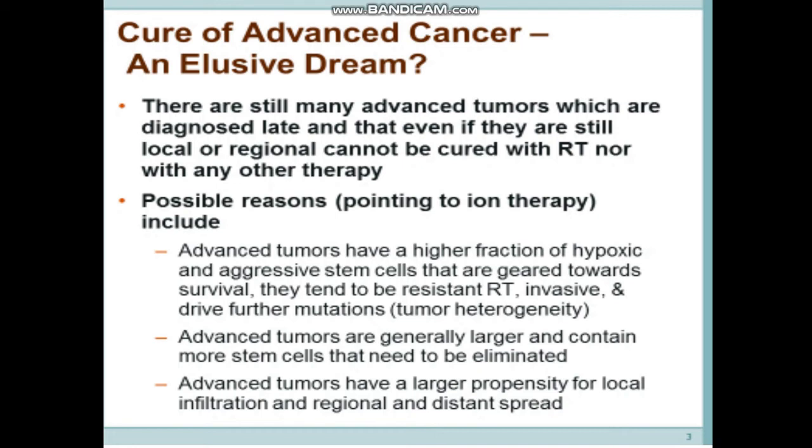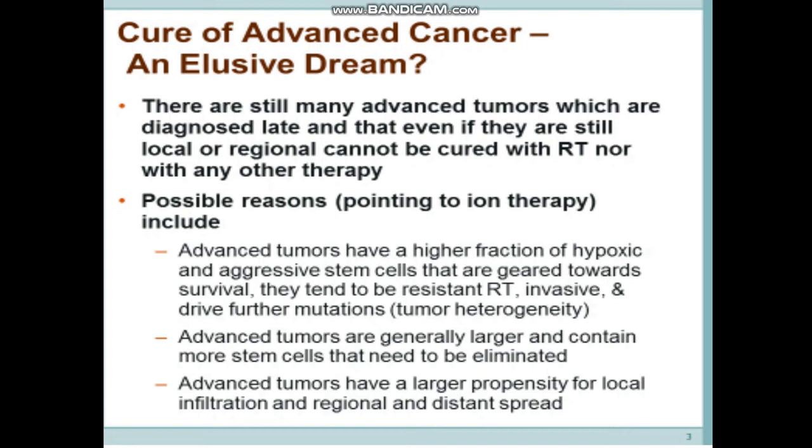Possible reasons for pointing of ion therapy include, in patients at this stage, advanced tumors have a higher fraction of hypoxic and aggressive stem cells that are directed towards survivors. They tend to be resistant to radiotherapy, invasive and other options.